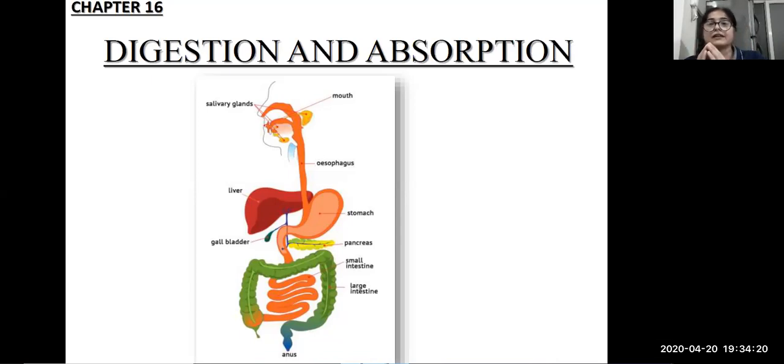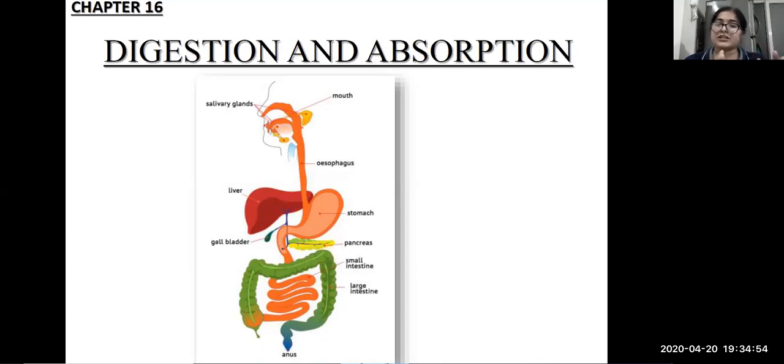This conversion takes place with the help of a specific system in our body, with specific chemicals. These chemicals are known as enzymes, which convert this food into its simple form, a simple form that is absorbable by the body. This process, in which complex food material is converted into simple form with the help of enzymes, is known as digestion.